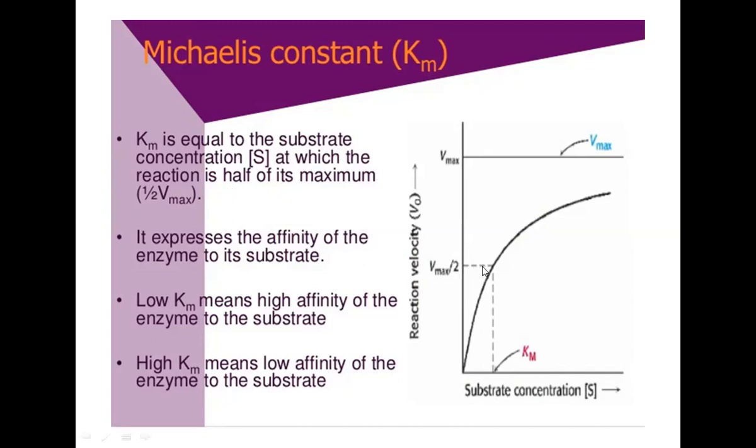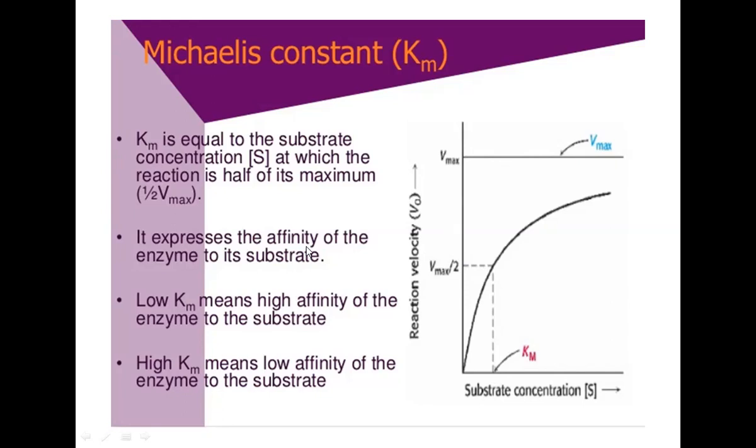If I put it in a graph, reaction velocity versus substrate concentration, we will get this type of sigmoidal curve. Here we can see that Km is the substrate concentration at Vmax by 2, that is the half, and this is the maximum velocity.